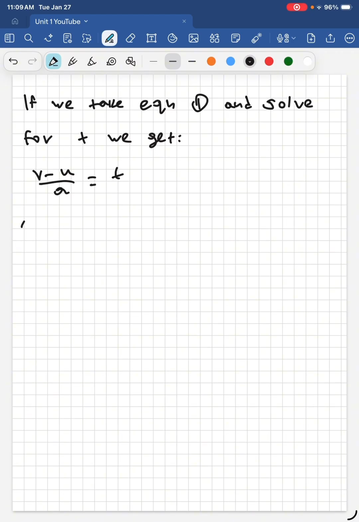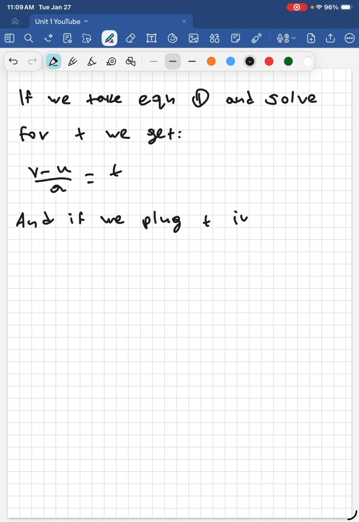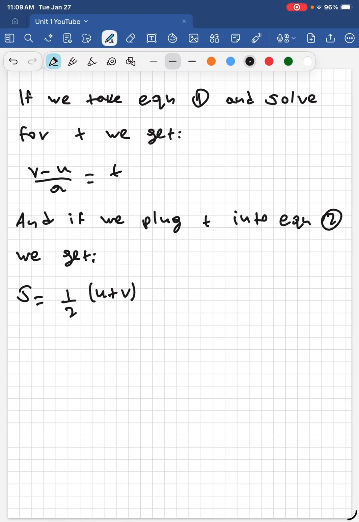And if we plug t into equation 2, we get s is equal to 1/2 (u plus v), and then times (v minus u) over a, right?